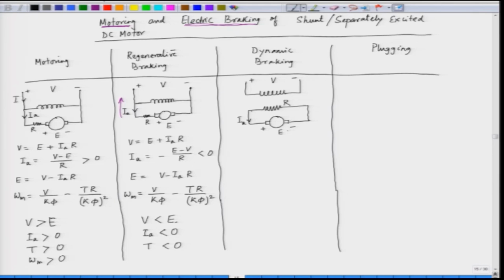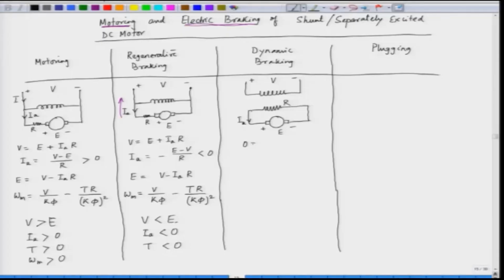So, when we have dynamic braking, the supply is removed from the armature, and the armature is thrown to a resistance, that is effective resistance is R. Now, here 0, the applied voltage is 0, is E plus I A R. Now, what is I A? I A is minus E by R. So, current is negative.